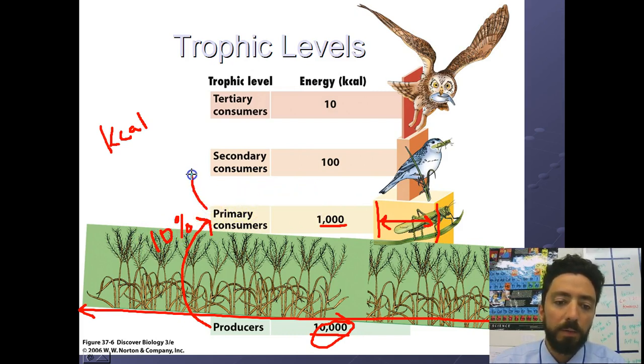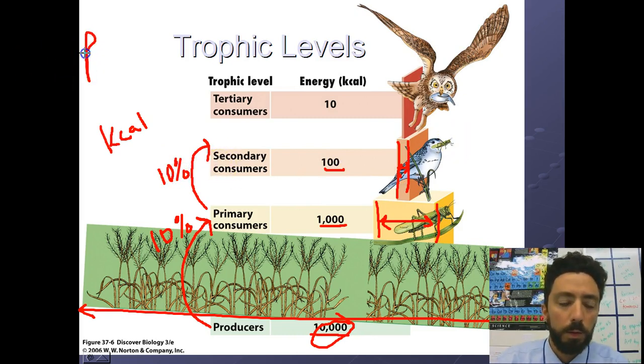And then as we go up again from primary to secondary, so as the grasshoppers are eaten by the birds, again, this is getting much narrower, and we only have 100 left. Again, 10%.